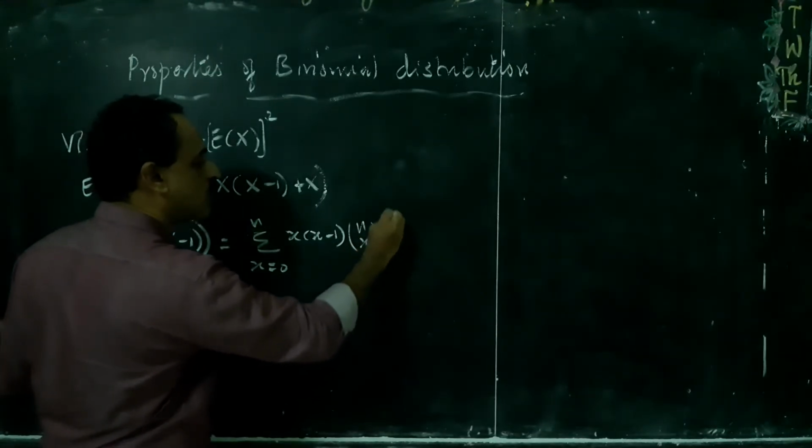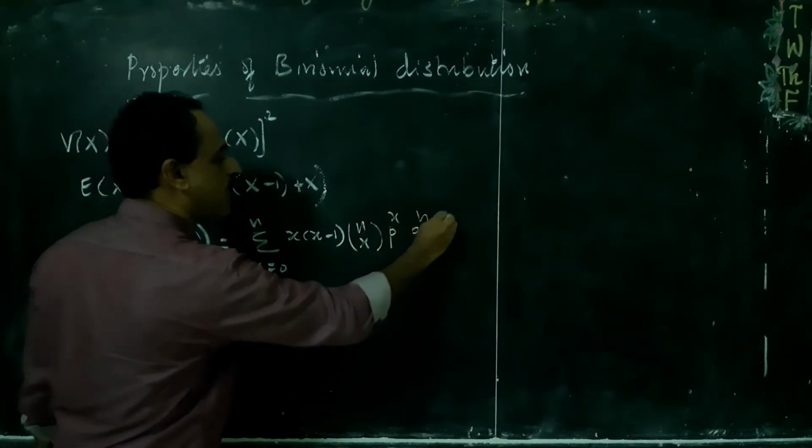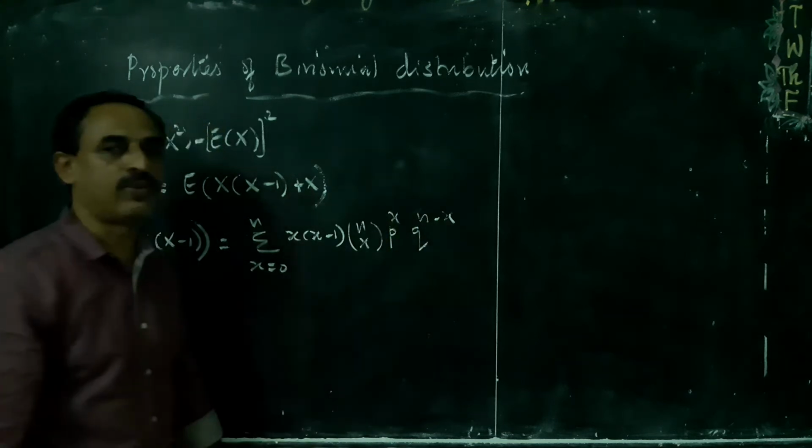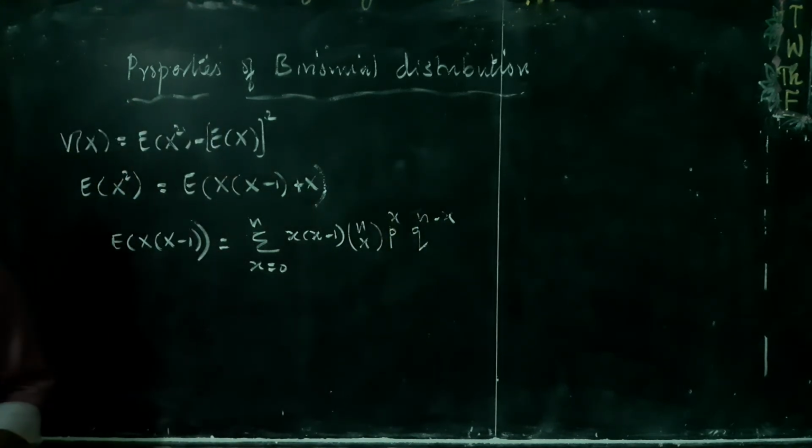So the first term is E of x into (x minus 1). This is sigma x equal to 0 to n x into (x minus 1) into nCx p raised to x q raised to n minus x by the definition of expectation.